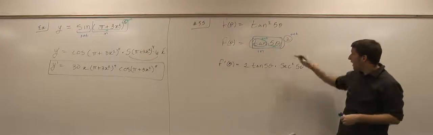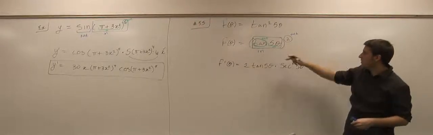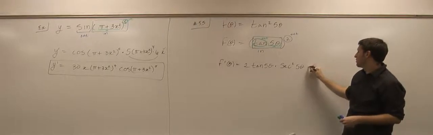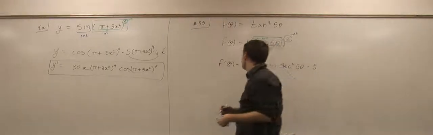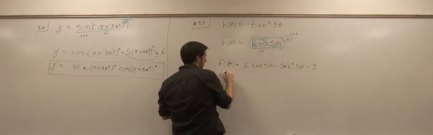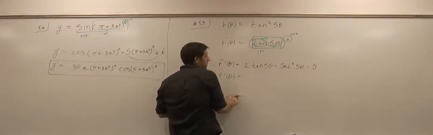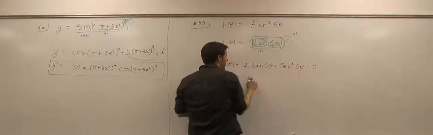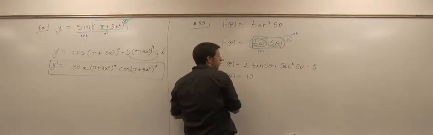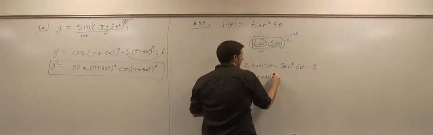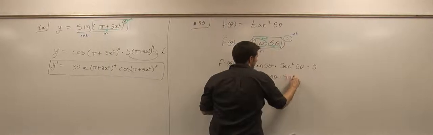Times the derivative of the inside, well the derivative of 5 theta is just 5. So 2 and 5 are coefficients when we multiply them together out front. Then you have tan 5 theta times secant.